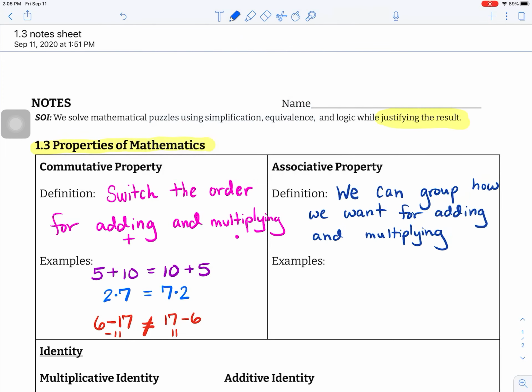This one's a little bit harder to visualize, so let me show you what I'm talking about. So grouping in math is generally talking about parentheses, right? That's how we group things together. That's how we hold things together.